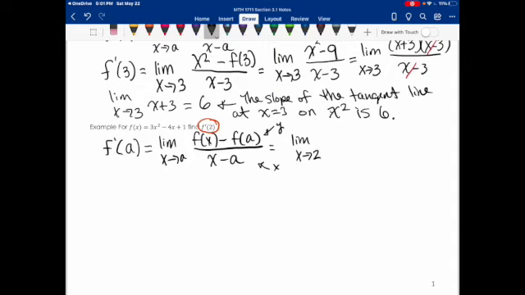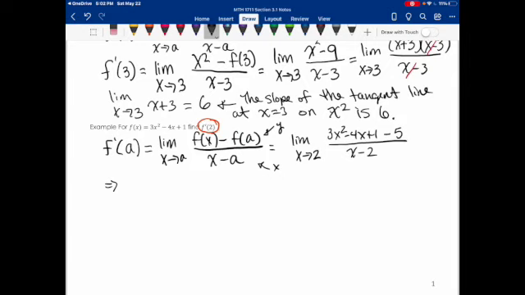So I'm going to take the limit as x approaches 2 of f of x, which in this case is the function 3x squared minus 4x plus 1. I'm going to subtract my value of f of a. If I plug 2 into the function 3x squared minus 4x plus 1, I'm going to get 5. So I'm going to subtract 5, all over x minus 2.